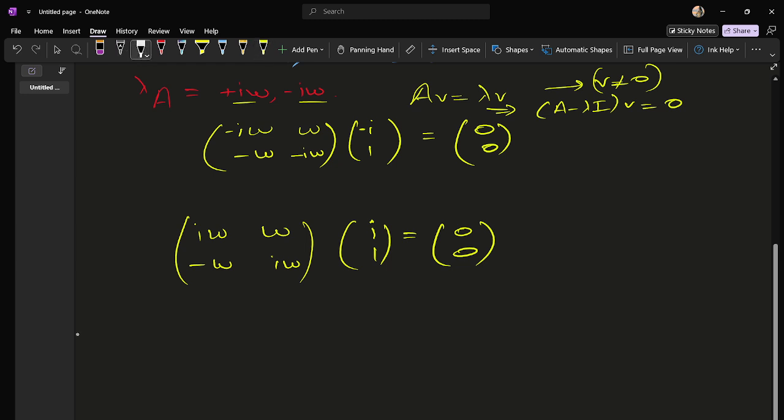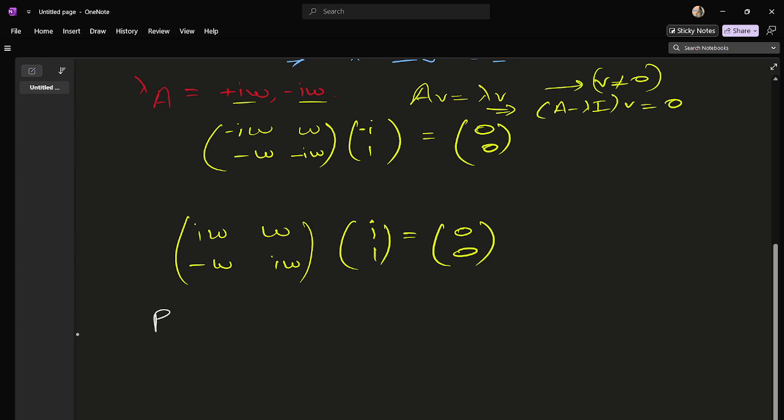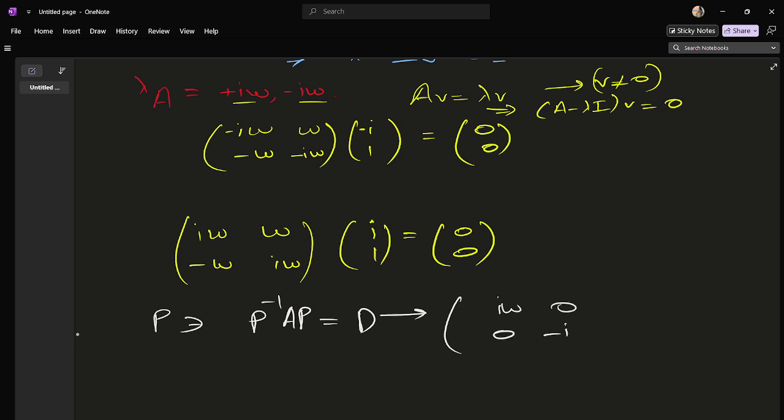So we can write the matrix P such that P inverse A P equals D, where D is i omega, 0, 0, minus i omega.